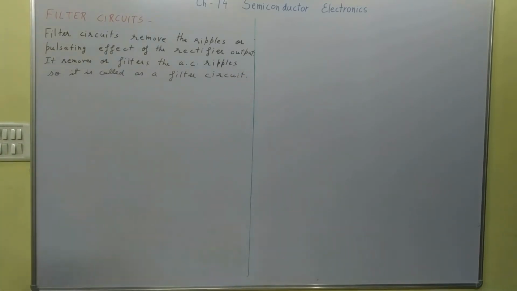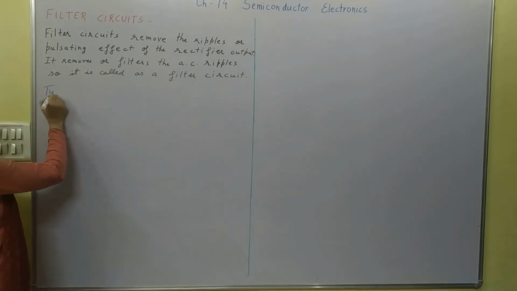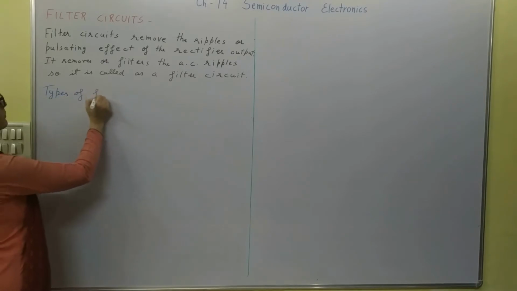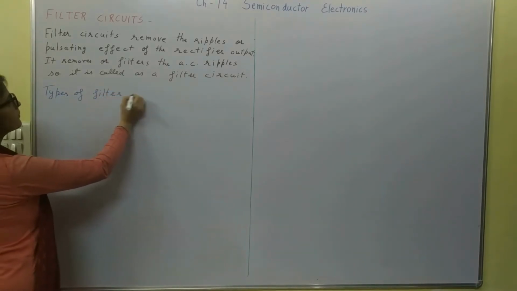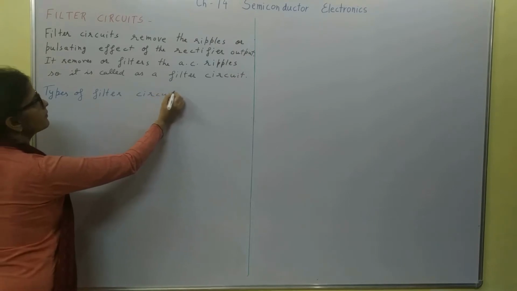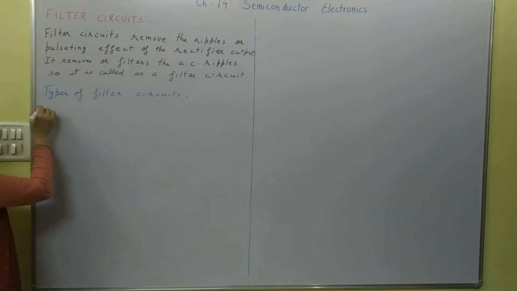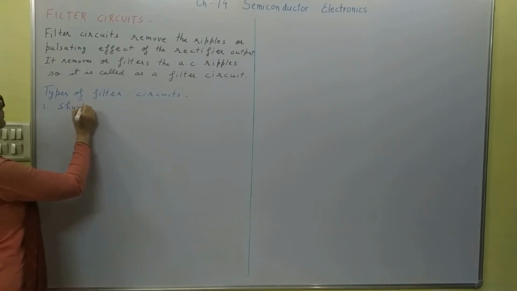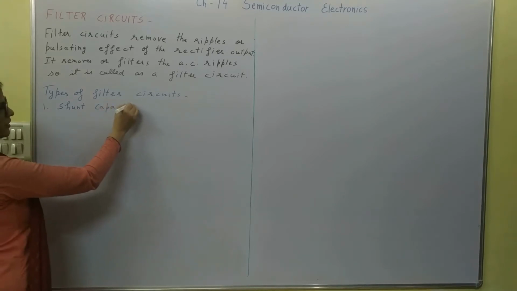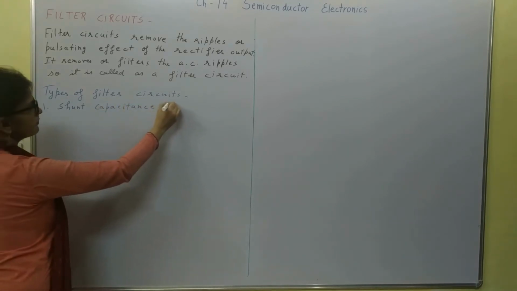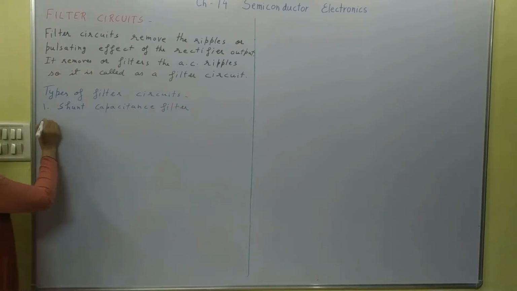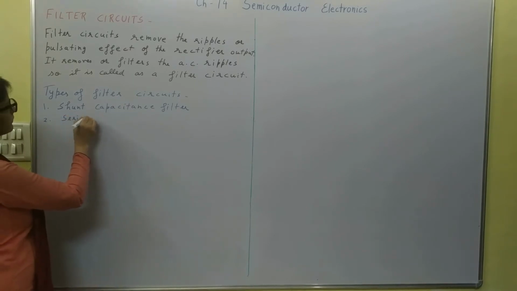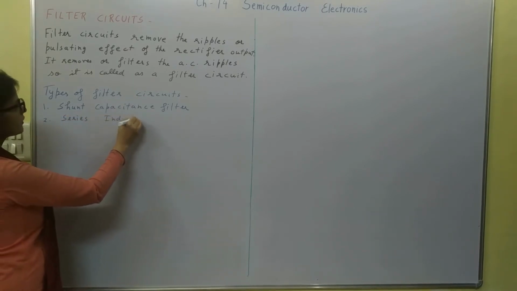Right? So mainly two types of filter circuits are there in your course. First is the shunt capacitance filter. Second is the series inductor filter.